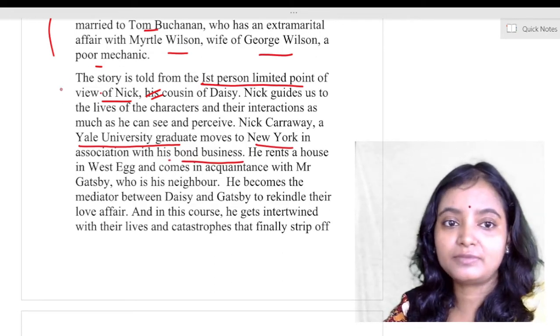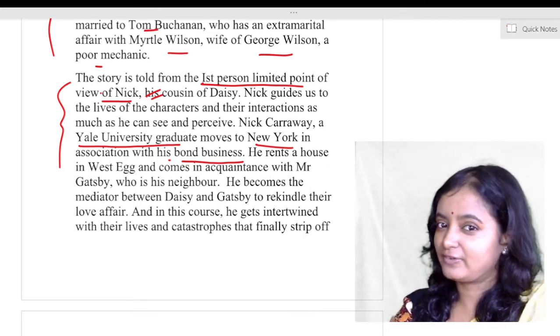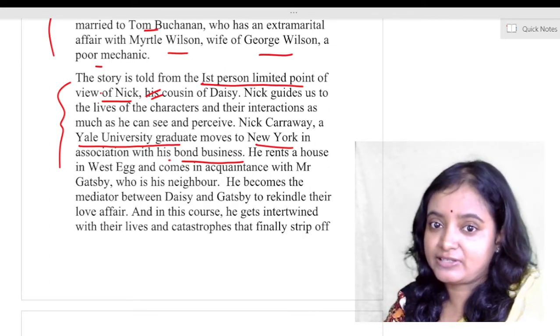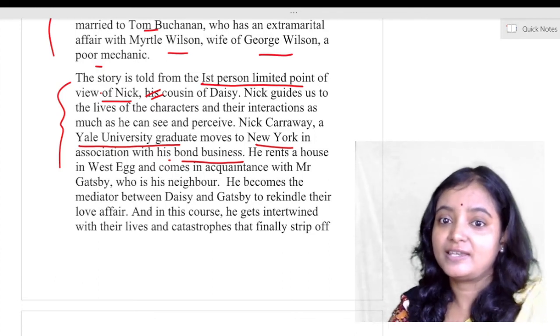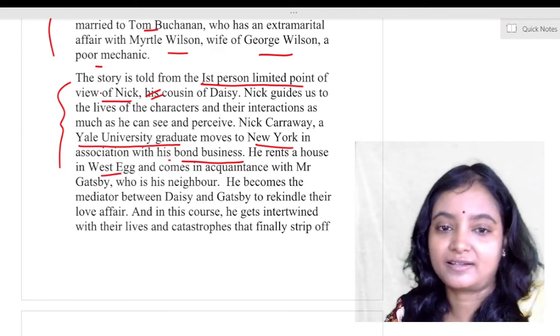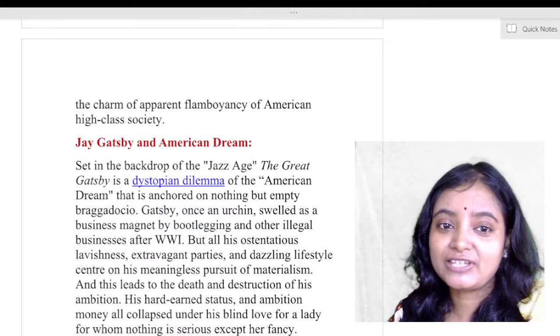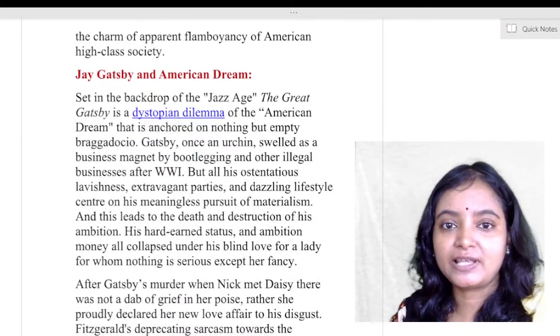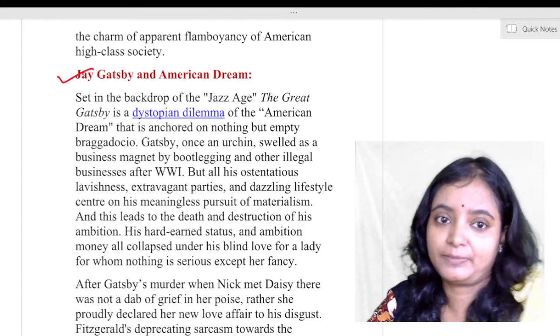So just keep this point in mind: Nick Carraway graduated from which university? Yale University, and he moves to New York to do his bond business. He rents a house in West Egg, and there he comes into acquaintance with Mr. Gatsby. Now J. Gatsby and the American Dream, we will talk about. It is a very important aspect of this novel, you have to keep in mind.